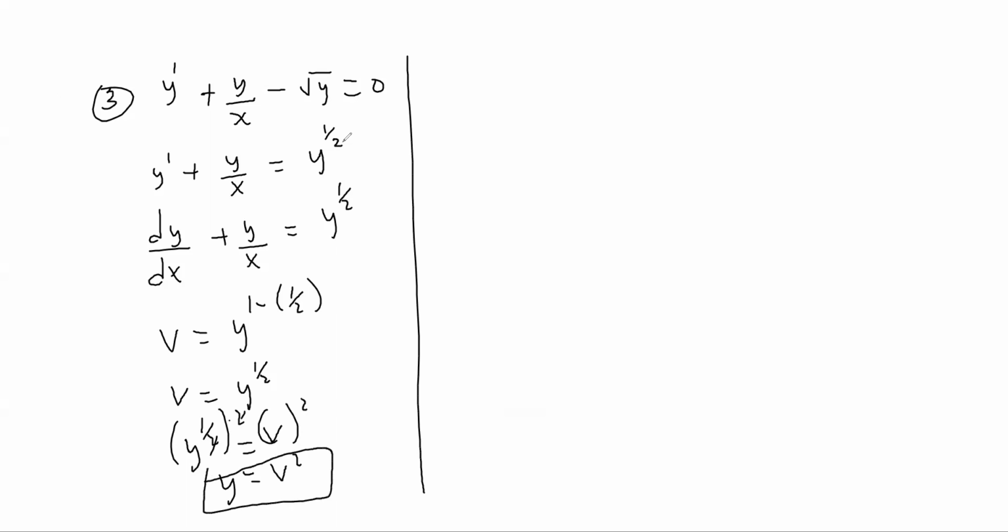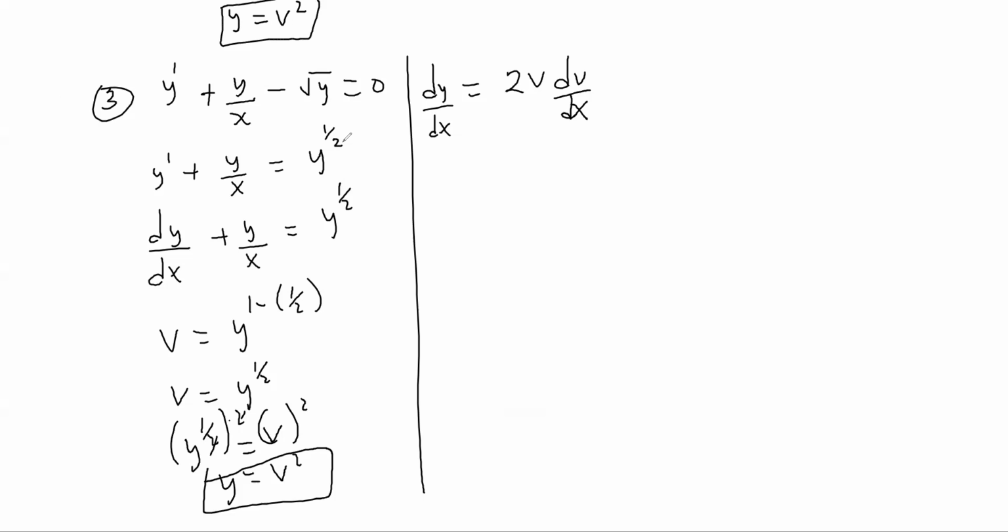And then if I differentiate, I have dy by dx equal to the derivative of v with respect to x. So I'm going to write my substitution up here before I forget: y equals v squared.